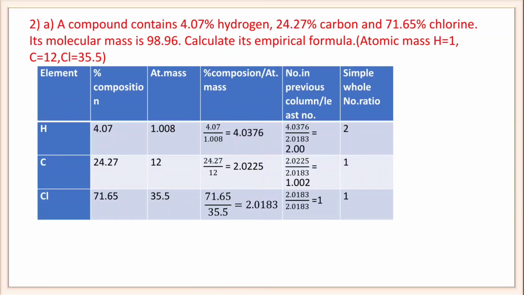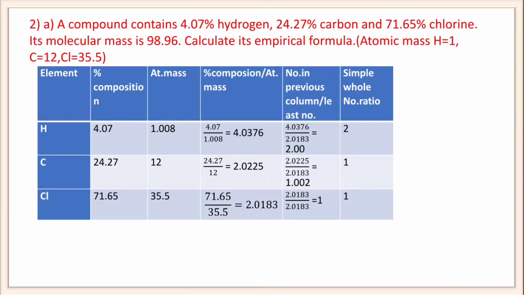Now percentage composition divided by atomic mass. 4.07 divided by 1.008, you will get 4.0376. Similarly for carbon, 24.27 divided by 12, you will get 2.0225. Last one, chlorine, 71.65 divided by 35.5, so you will get 2.0183.